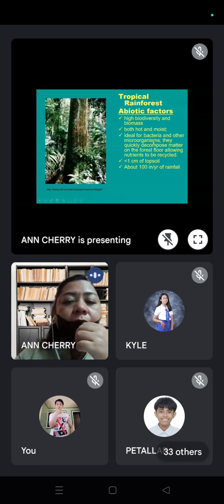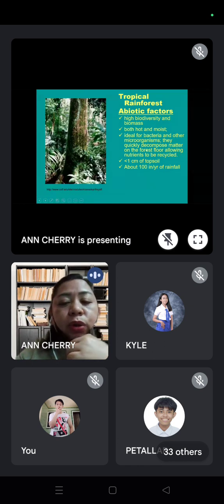Both are hot and moist. No? So, this tropical rainforest, no, because both hot and moist, no, yung kanyang microclimate, this is ideal for bacteria and other microorganisms. They can quickly decompose matter on the forest floor, allowing nutrients to be recycled.